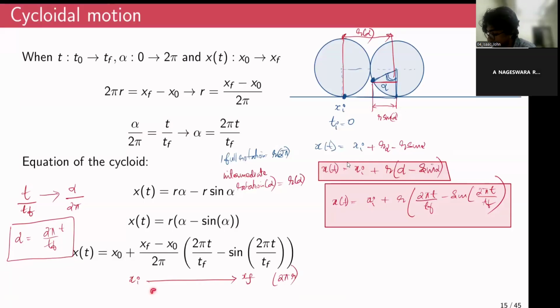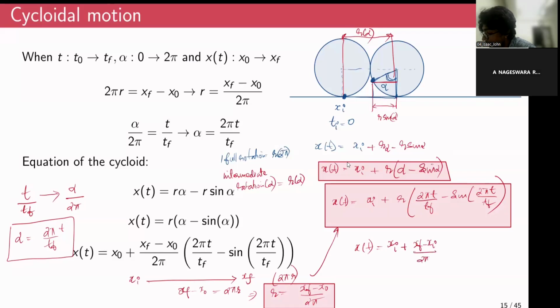So from here, xf minus x0 is nothing but 2 pi r. So in that regard, r would be xf minus x0 by 2 pi. If I substitute this into this expression, I'll get the final equation, the trajectory generation as per the cycloidal motion: x of t would be xi, the initial position, plus xf minus xi by 2 pi.